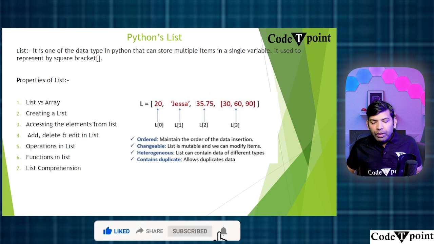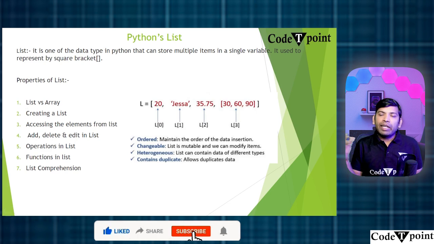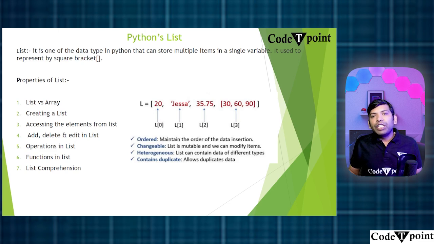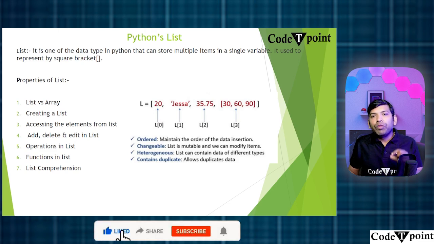So let's come back to the point. The first topic is list versus array. What is the difference between list and array? Array is a data type that can store homogeneous elements, while list is a data type which can store heterogeneous elements.